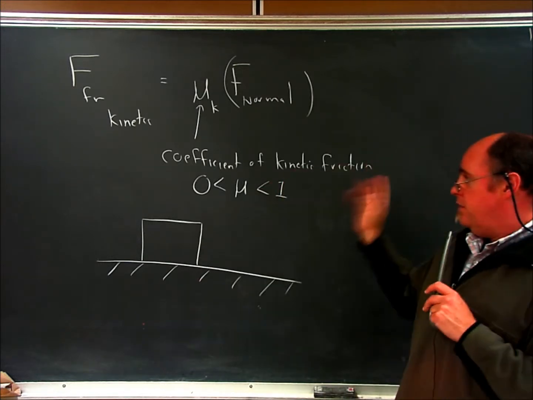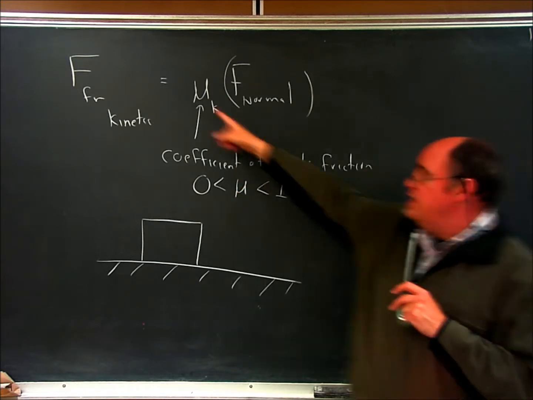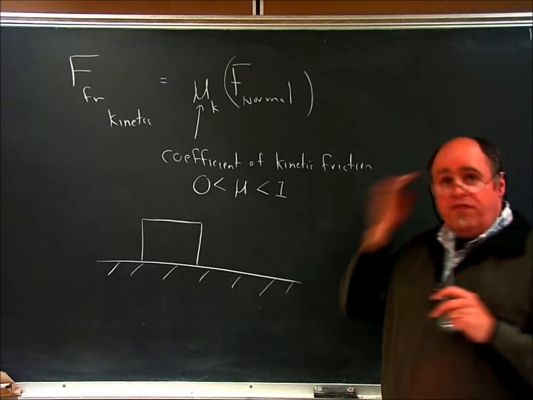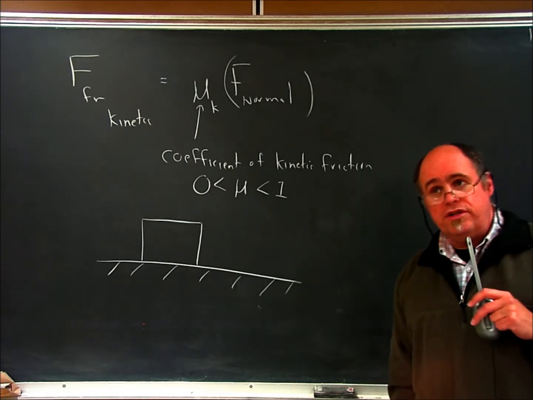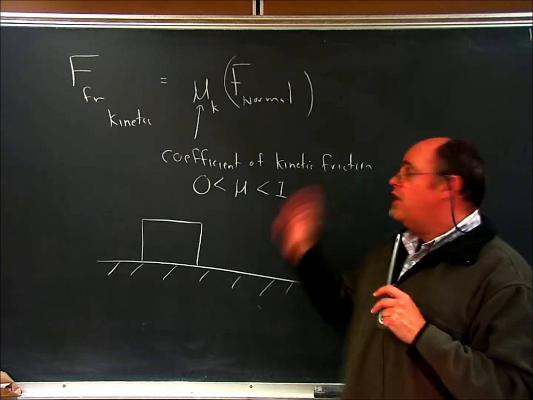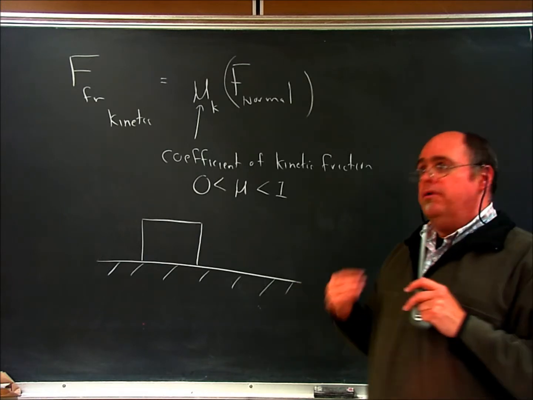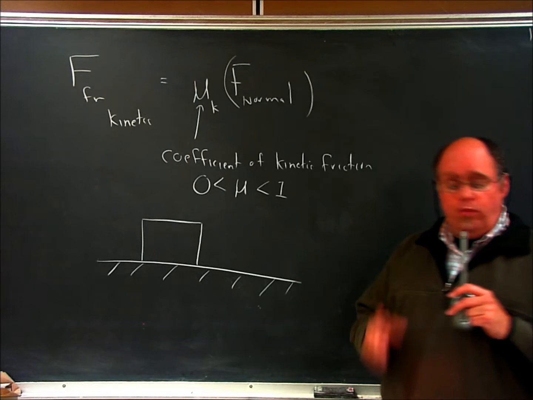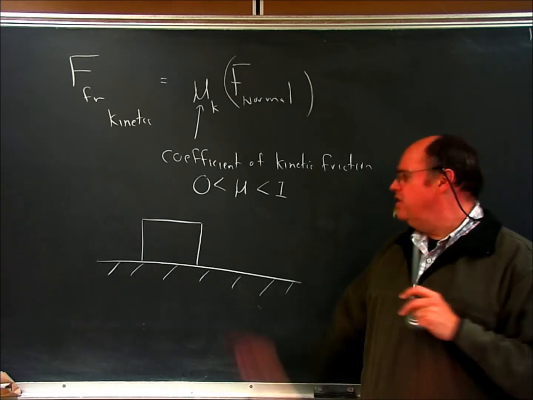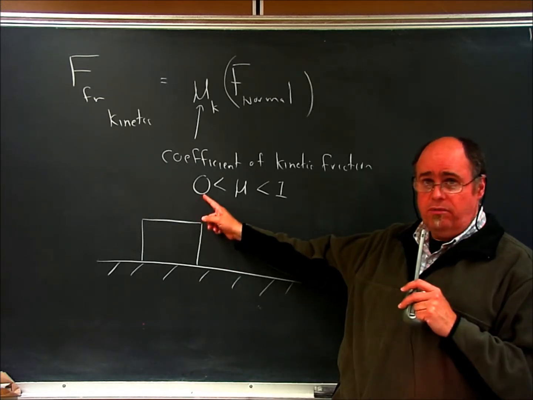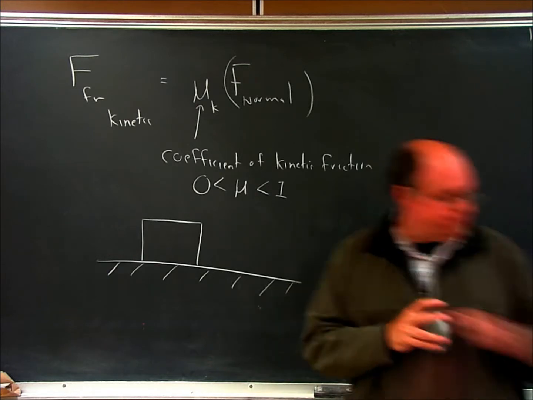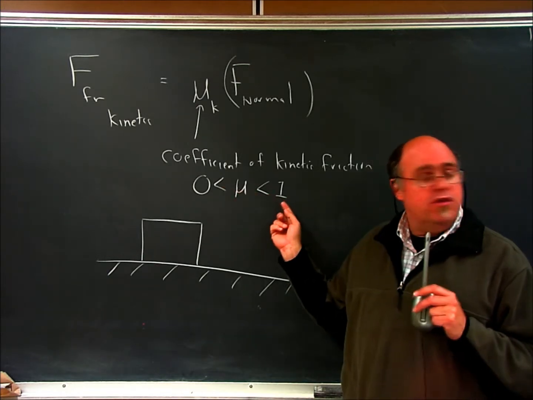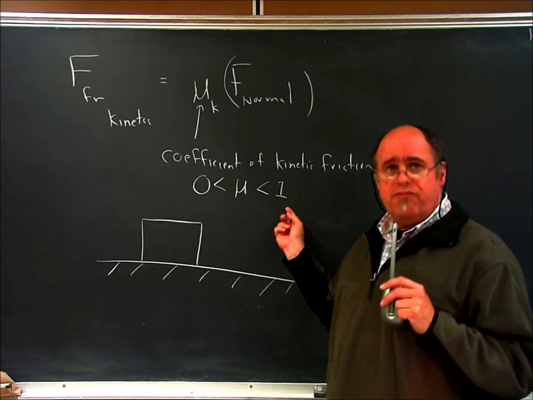In this particular case, the coefficient of kinetic friction is what this mu is. It's a coefficient. There's not going to be any units associated with it. And the closer we can get to 0, the less friction there is. In Chapter 4, up until this point, we've been pretending there's been no friction. So a coefficient of 0 would mean absolutely no friction. And the closer you can get to 1 means the two surfaces are rubbing against each other and it's rather rough.